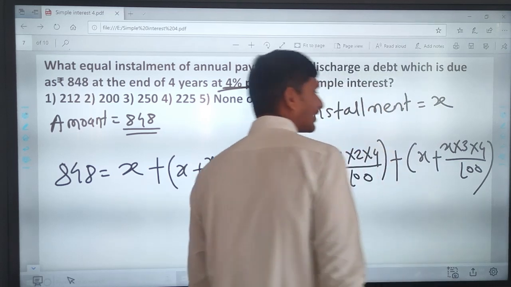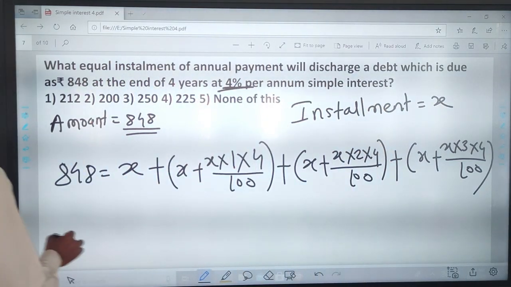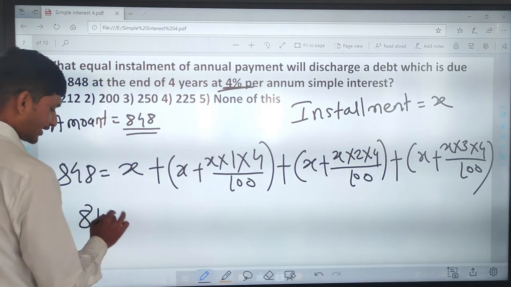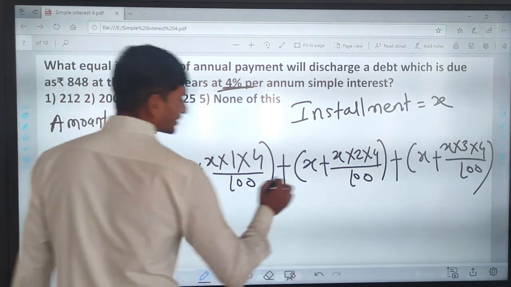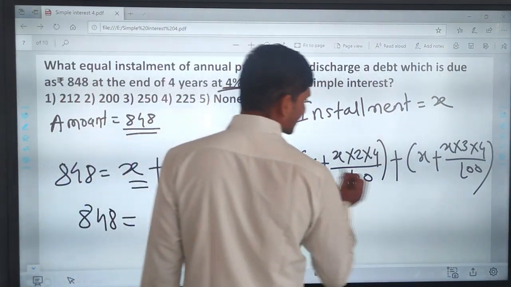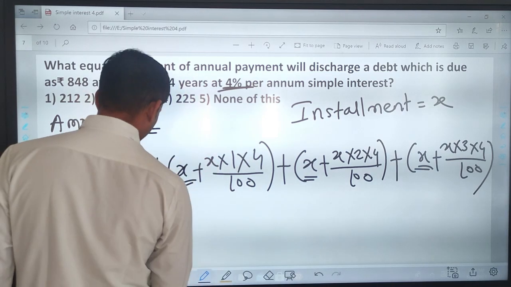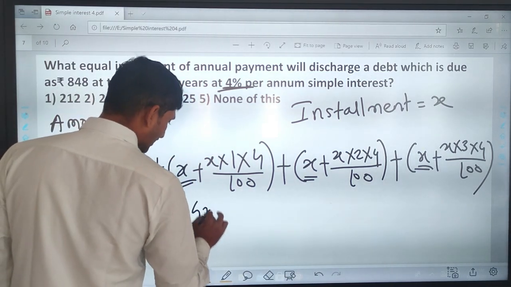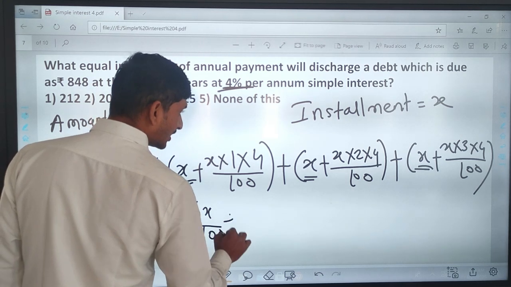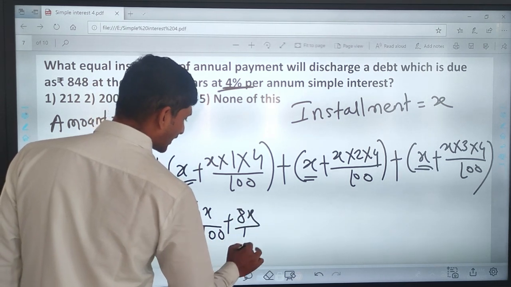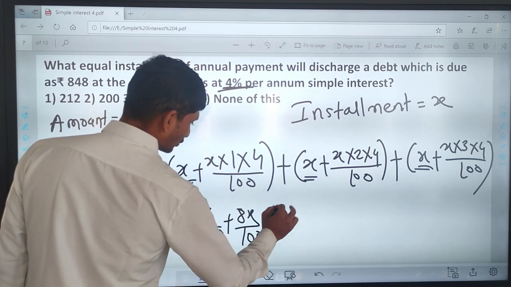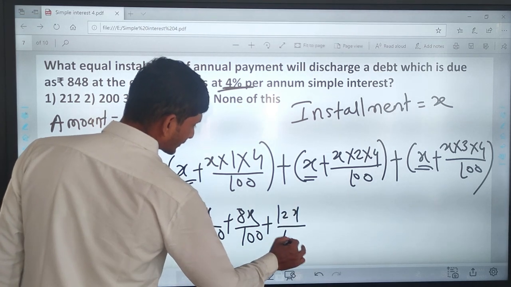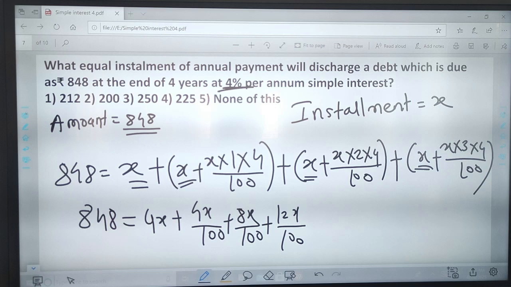Now here we calculate the value of x. Then 848 is equal to x plus x plus x plus x, total 4x. 4x plus, here we write 4x divided by 100 plus 8x divided by 100 plus 12x divided by 100.